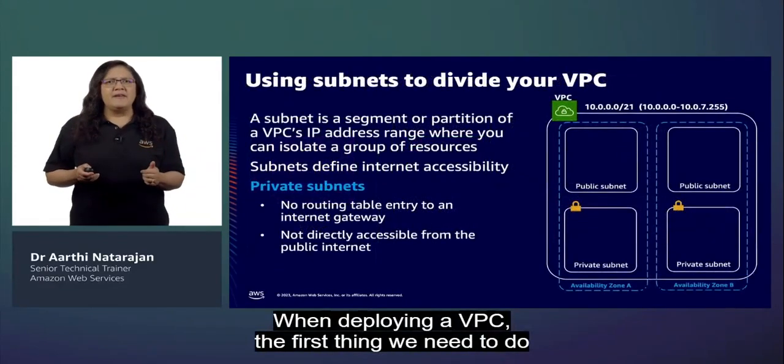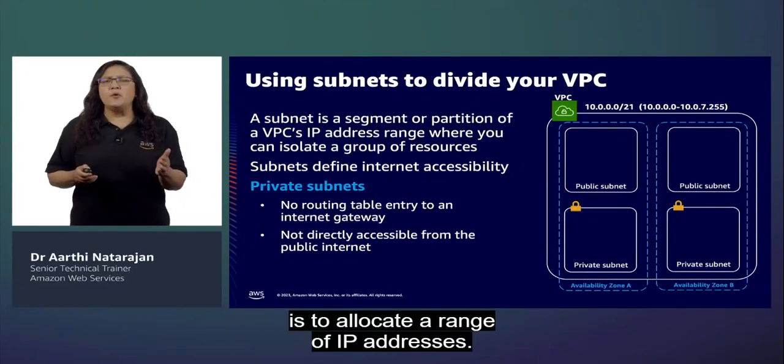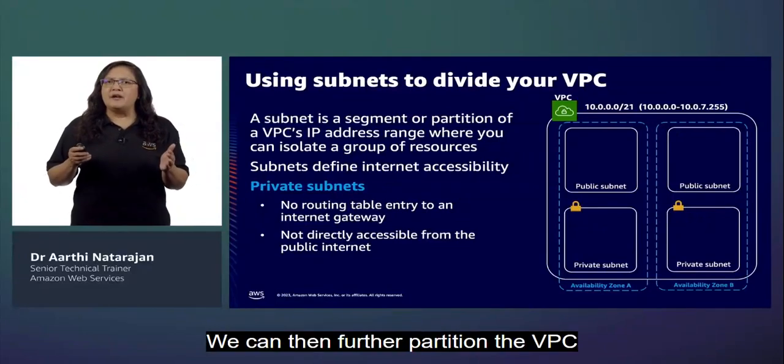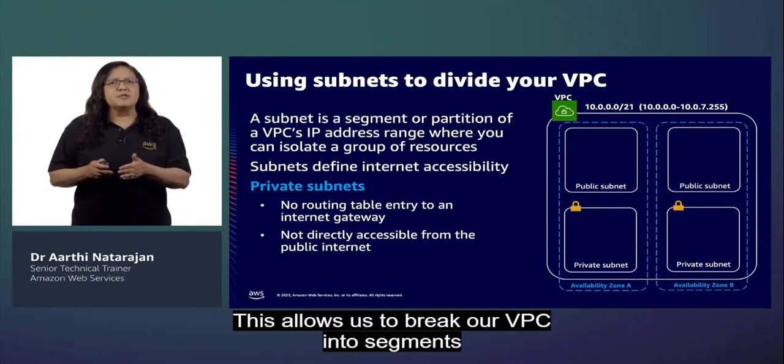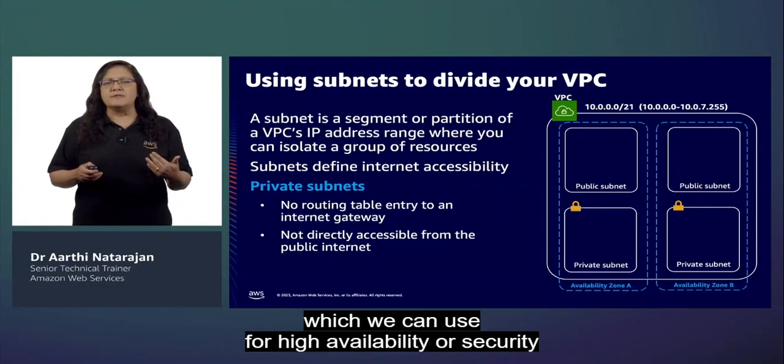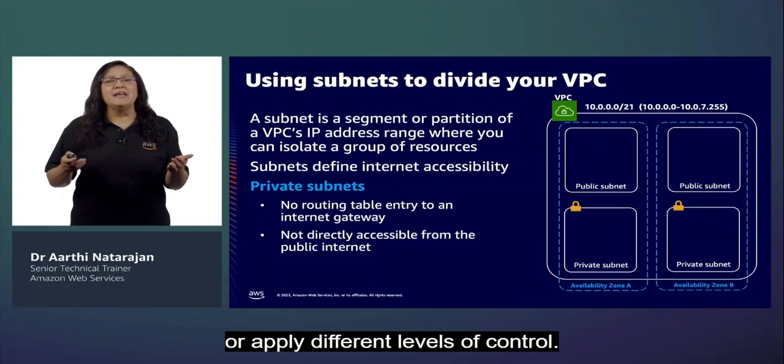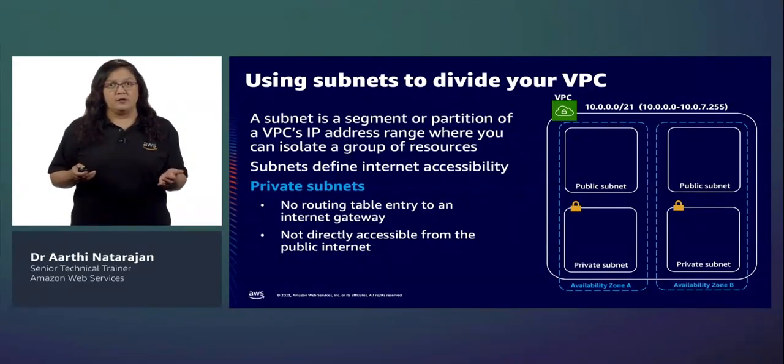When deploying a VPC, the first thing we need to do is to allocate a range of IP addresses. We can then further partition the VPC into smaller networks called subnets. This allows us to break our VPC into segments which we can use for high availability or security or apply different levels of control.